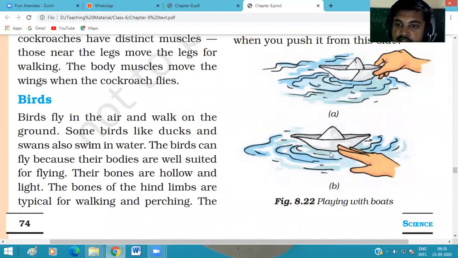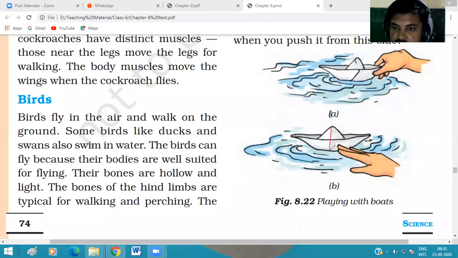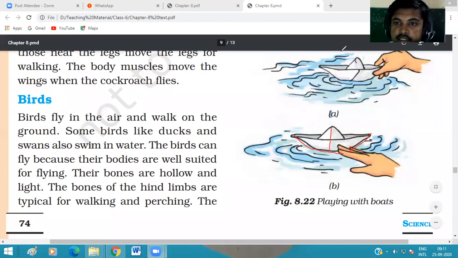Streamlined means in the middle it is thick, and in the front and the last it is thin. So this type of shape we call streamline shape. This shape helps the boat move in water very easily.